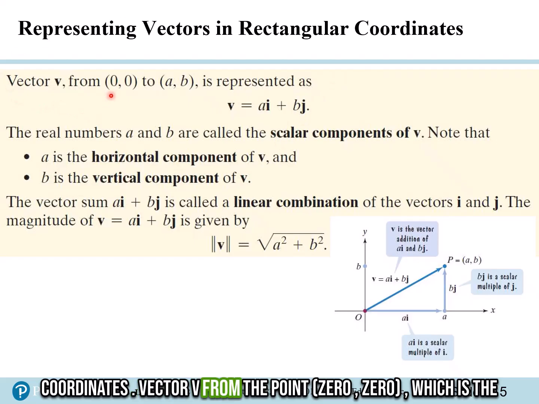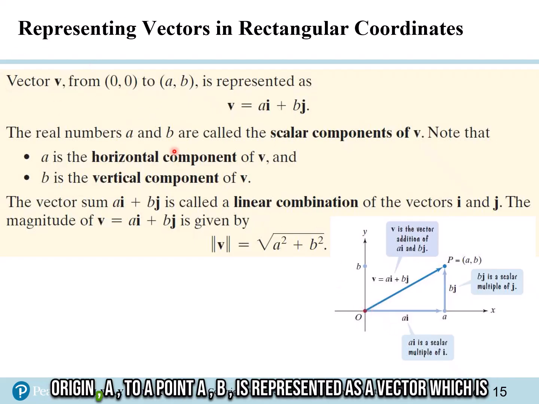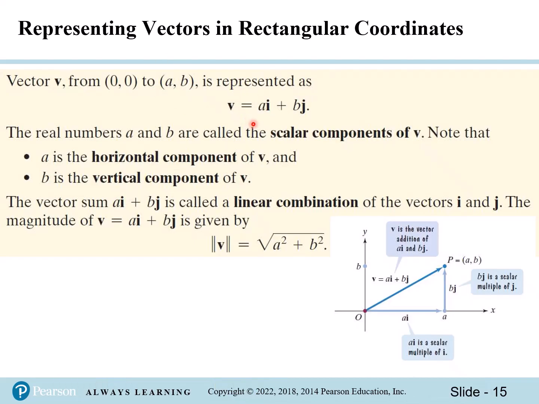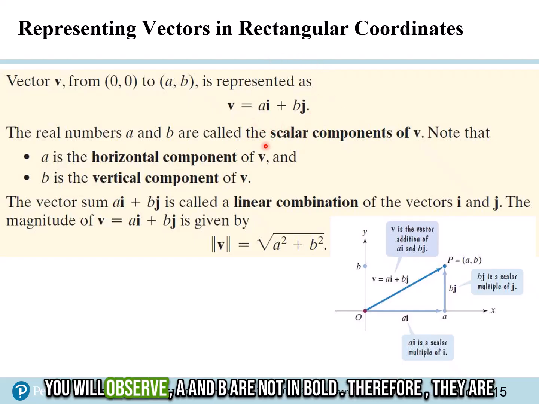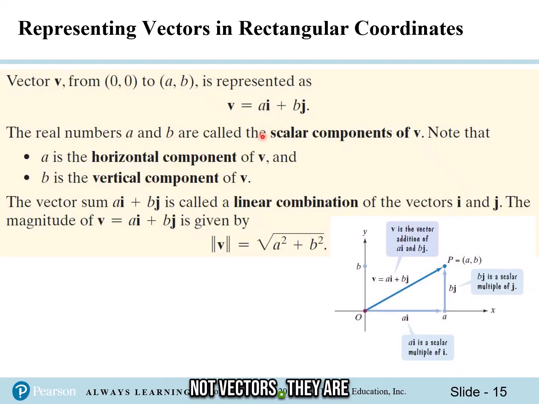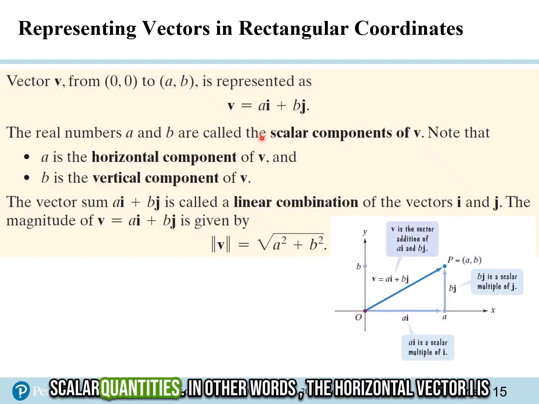Vector v from the point 0, 0, which is the origin, to a point a, b is represented as a vector which is equal to a times i plus b times j. Here i and j are unit vectors, and as you will observe, a and b are not in bold. Therefore, they are not vectors. They are scalar quantities.